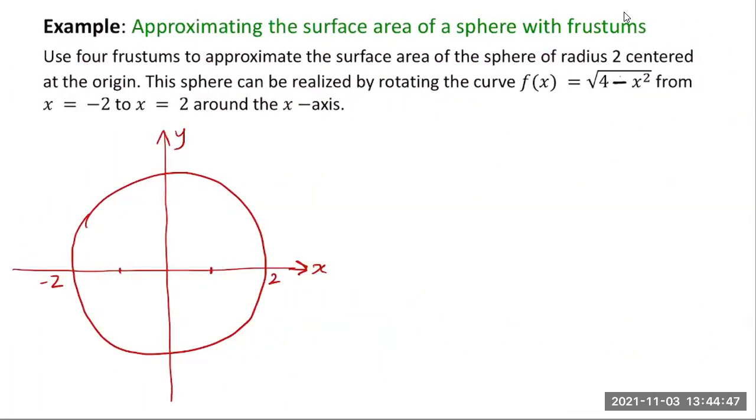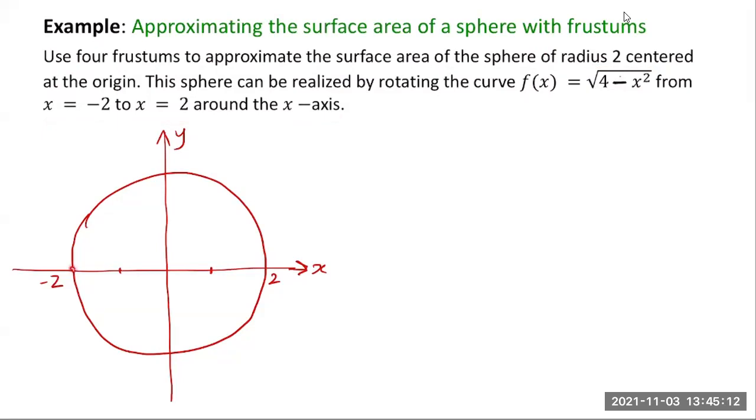Let's go over this particular example. Use 4 frustums to approximate the surface area of the sphere of radius 2 centered at the origin. This sphere can be realized by rotating the curve f of x equal to square root of 4 minus x squared from x equal to -2 to x equal to 2 around the x-axis. We have seen that many times, right?